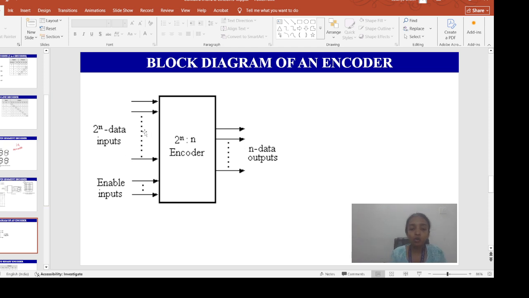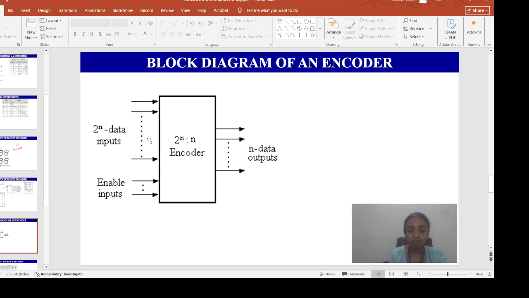An encoder is a digital circuit that performs exactly the inverse operation of a decoder. Hence the opposite of the decoding process is called encoding. An encoder is a combinational circuit that converts the binary information from 2 to the power n input lines to a maximum of n output lines.